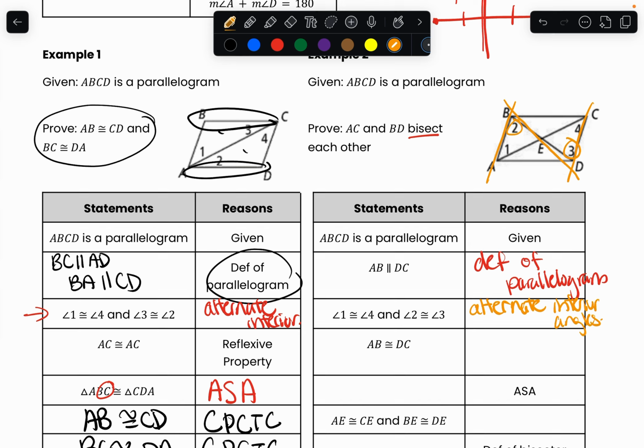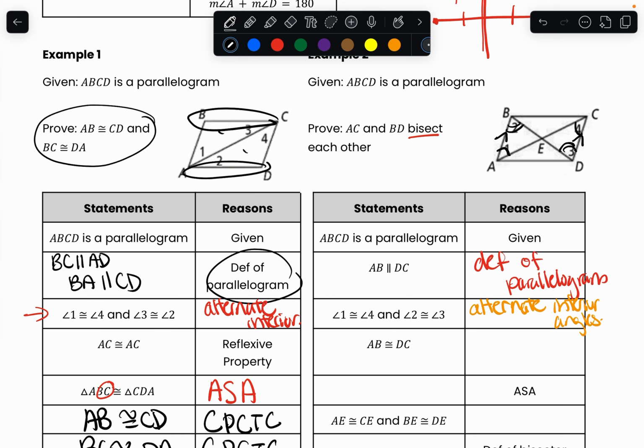Next one. Now let's look at our next statement, and let me draw everything that I already claimed so far. So I know this is parallel. I know that this side is congruent. This angle is congruent to this angle, and this angle is congruent to this angle. Now, the next statement says that AB is going to be congruent to DC. Now let's look at why this is going to be true.